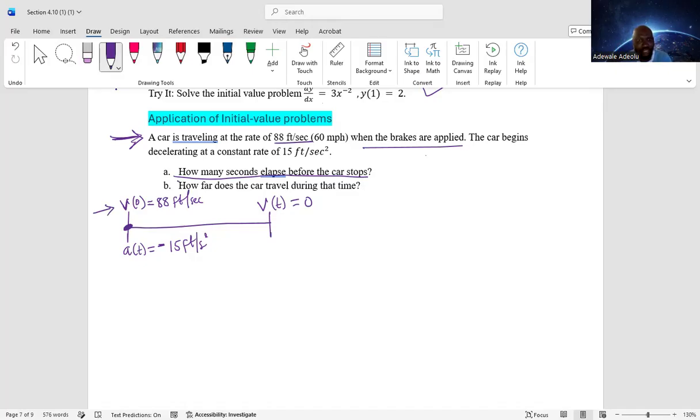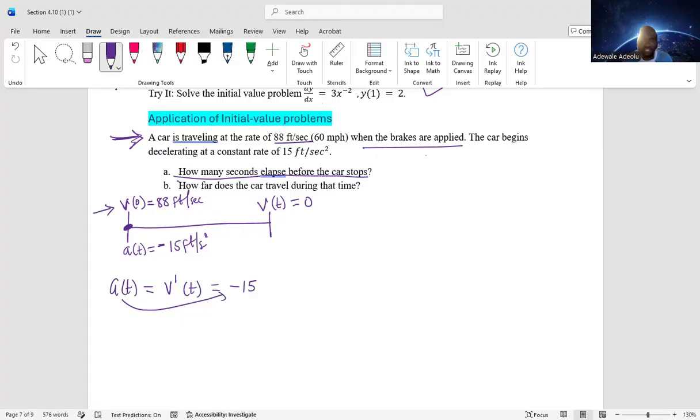Now, let us see what we can formulate here. First and foremost, I notice that acceleration is the derivative of velocity, and this acceleration is negative 15.